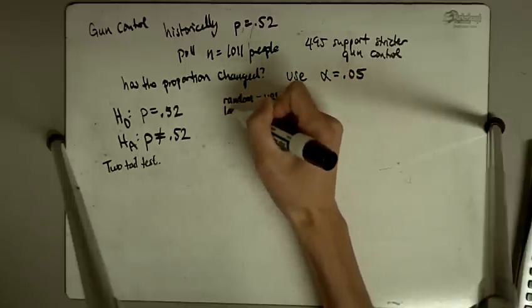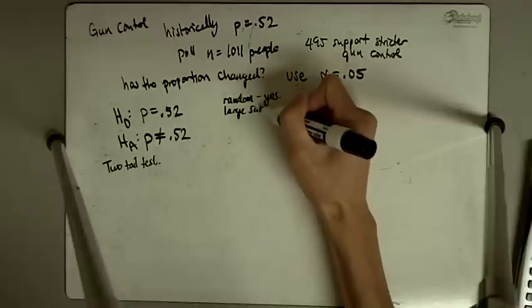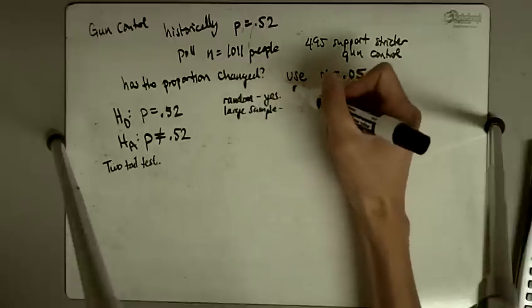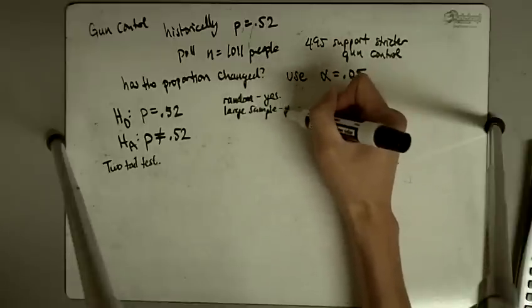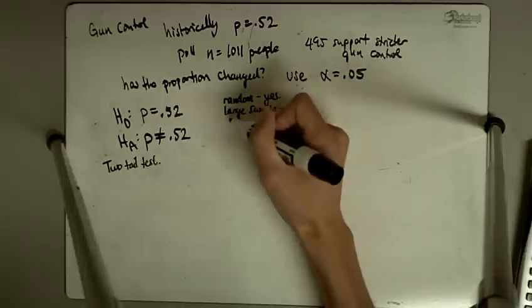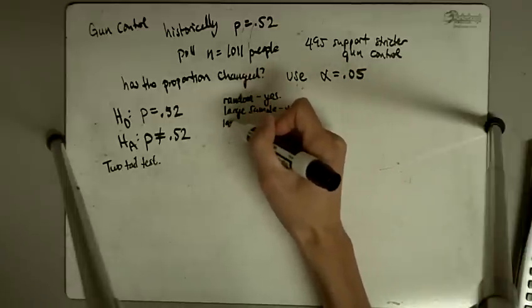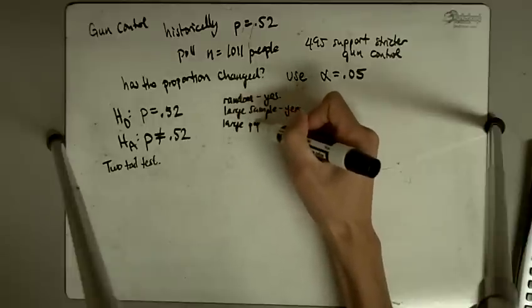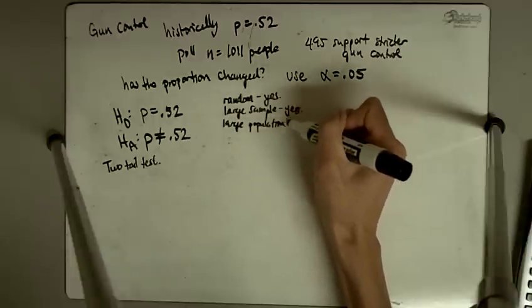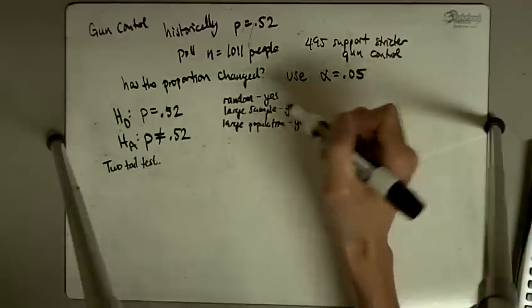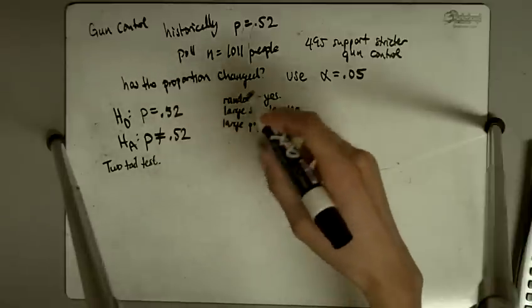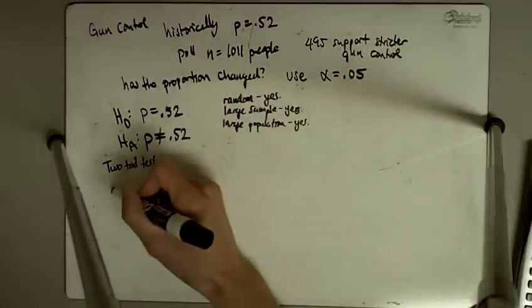Large sample, we can check n times p, and we get larger than 10. And large population, we're just assuming this is coming from all adults, so we're good there. So we have to create our test statistic.